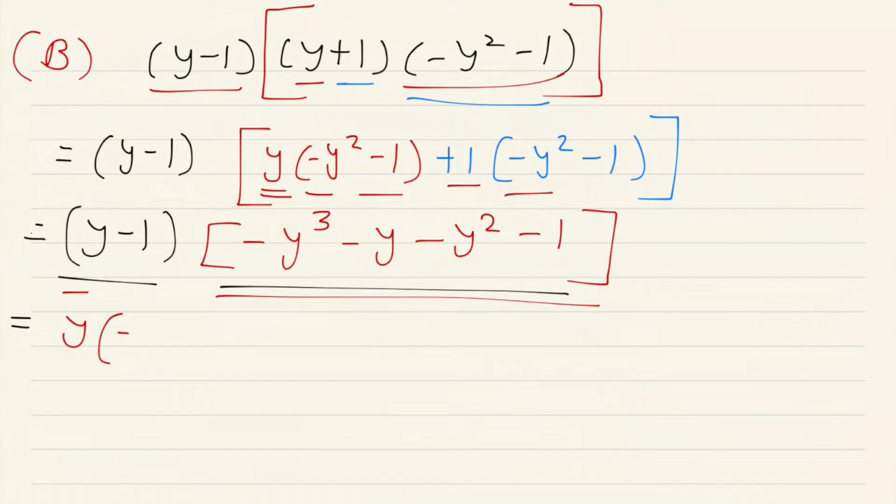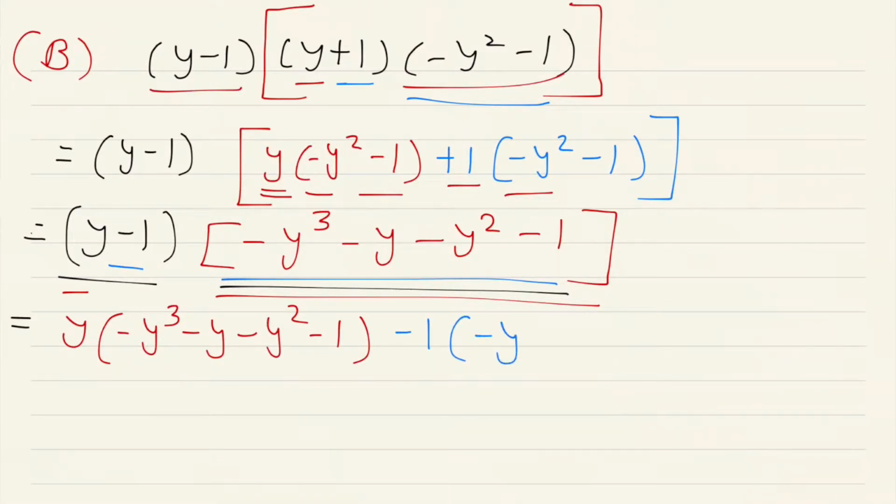So that's minus y cubed minus y squared minus 1. Then we have negative 1 times the entire second expression. So that's minus 1 times minus y cubed minus y squared minus 1.